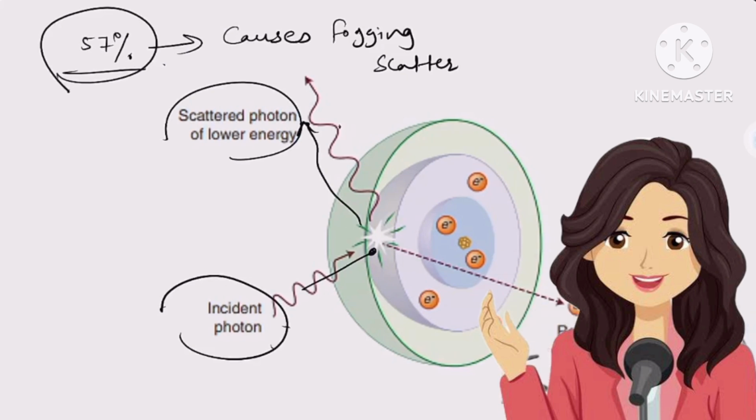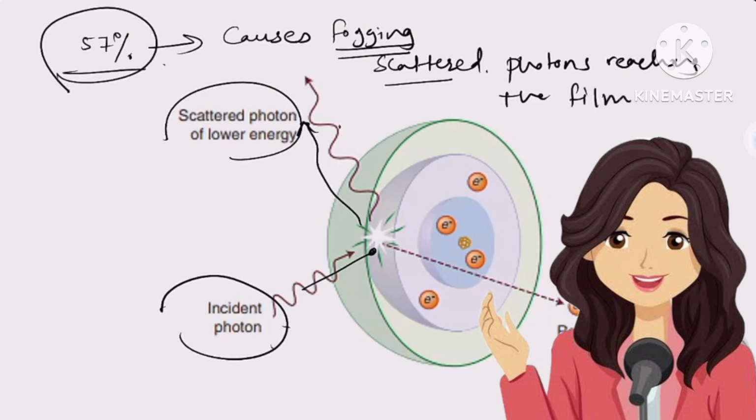You will understand in development. So this incident photon will give a scattered low energy photon. This will keep on ionizing the atom till its energy becomes zero. So this is basically a quantum scattering, right?